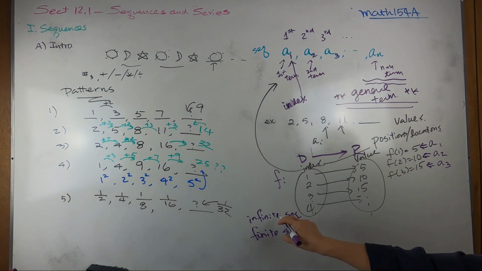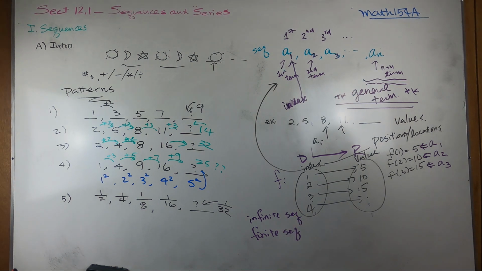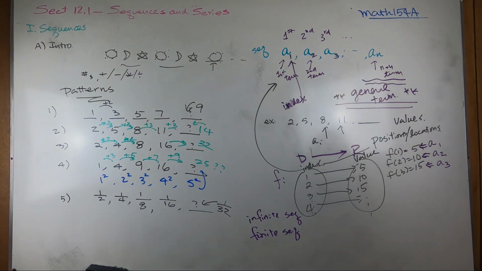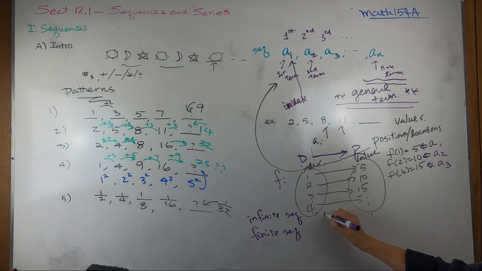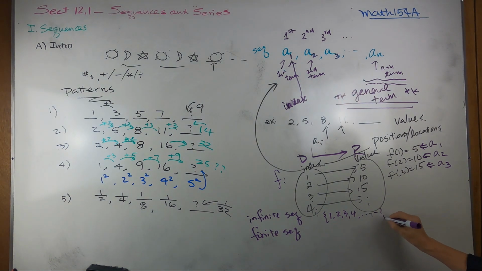The concept of infinite is the base of calculus. It's very abstract, but we start from here. An infinite sequence means you have 1, 2, 3, 4, an infinite number of values and positions, right?